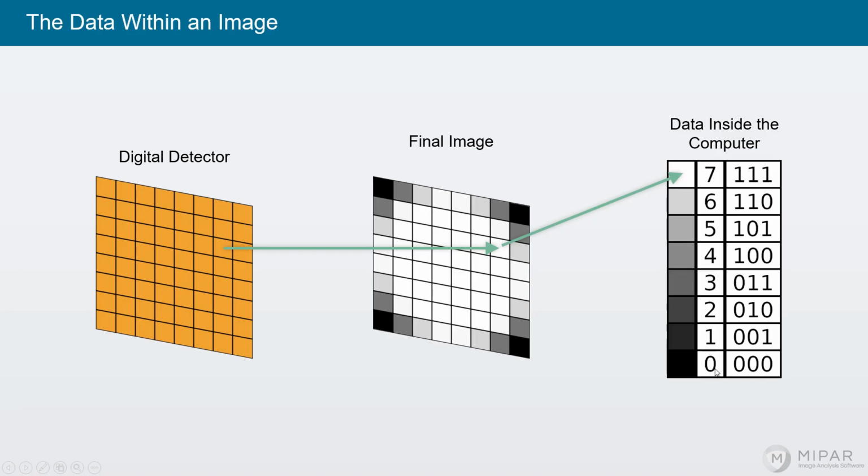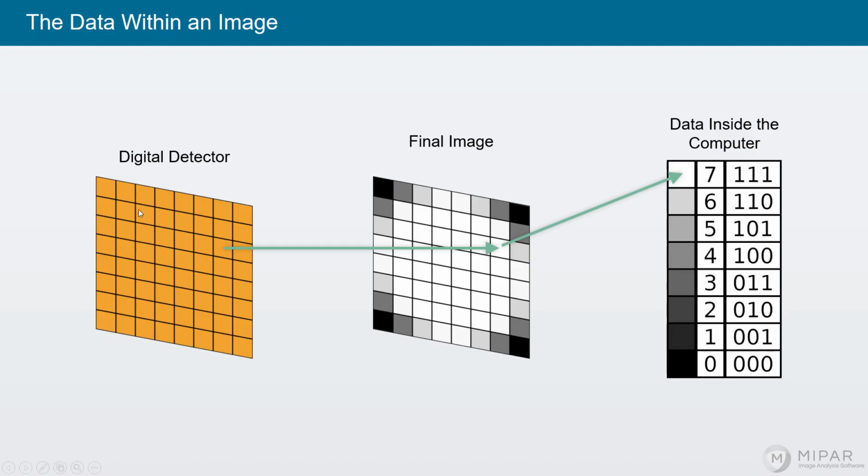So 000 is 0 and 111 is 7. So this would be a 3-bit image because there are 3 bits here. Now in real life, most images are 8-bit, which means it can go from 0 all the way up to 255. The important point though is that you can't go below 0 and you can't go above the maximum of your image.